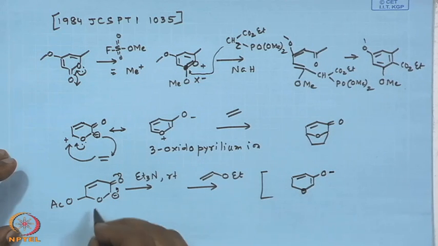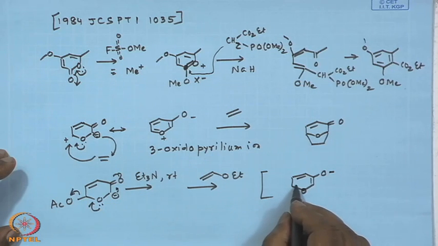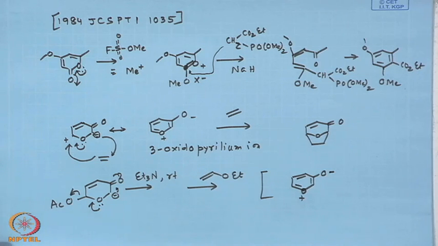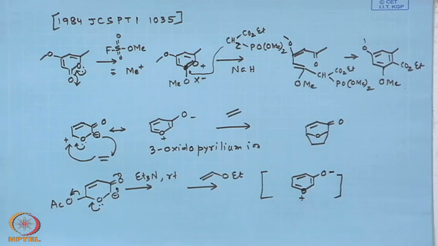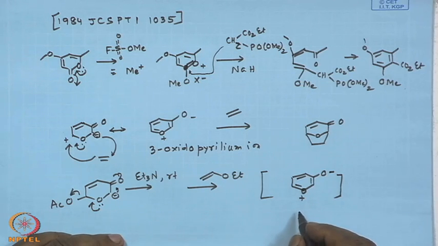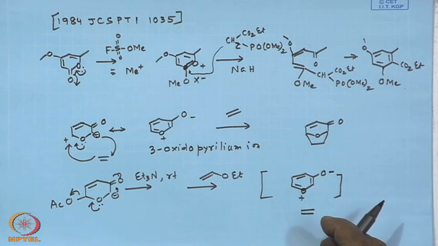Then this oxygen lone pair of course expels the acetate ion. So, you get truly a 3-oxidopyrrylium ion in situ. Then of course, this ethylene part, that is the dipolarophile, and the ethoxy could be on your left hand side or on the right hand side, right.